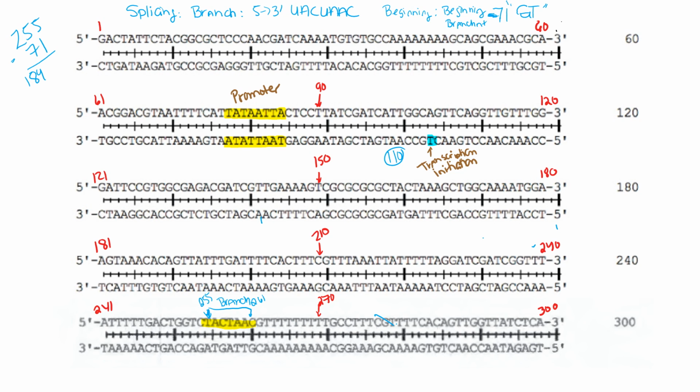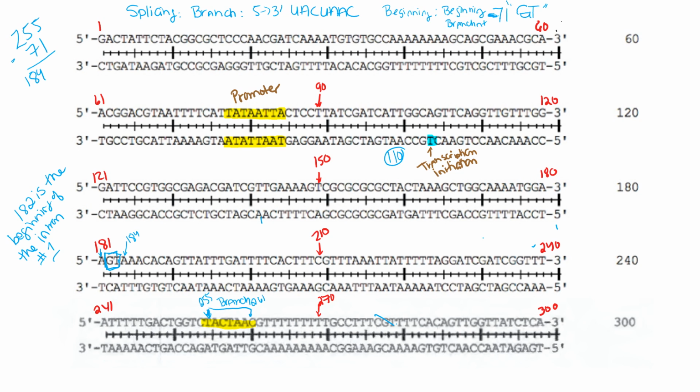So I expect that at positions 182 and 183, I should find the G and T. Here's 181 in the 4th row. Oh, 182, 183, there you are, GT, because here's that 184. So position 182 is the beginning of the intron. This is intron number 1.